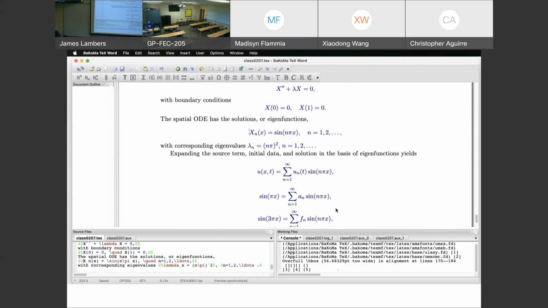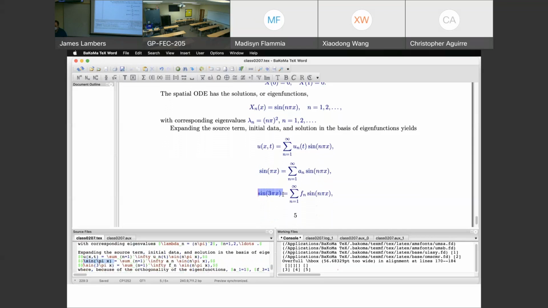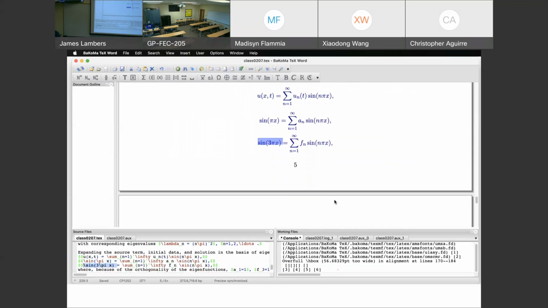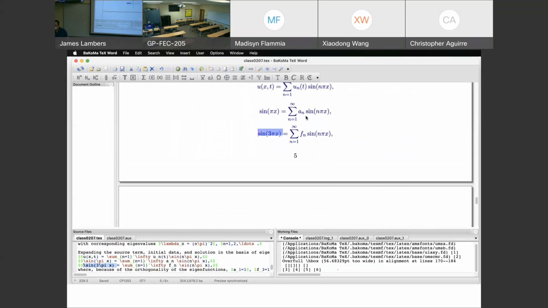Now, in this case, the initial data and source term are of a very nice form, where I can just get the coefficients I need by reading them off of here. So from here, I have A1 is equal to 1 for sine pi x.